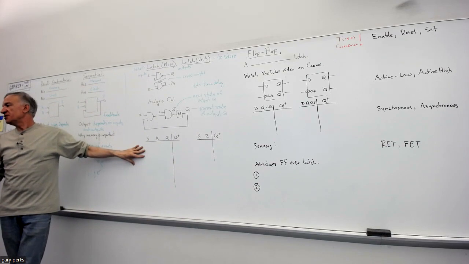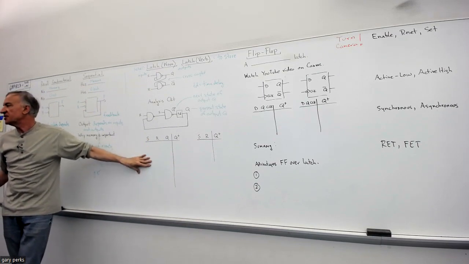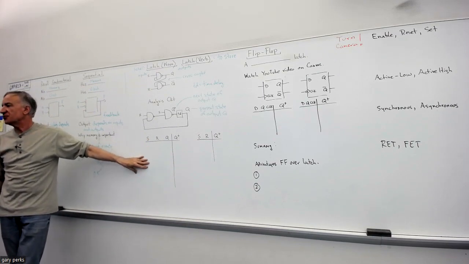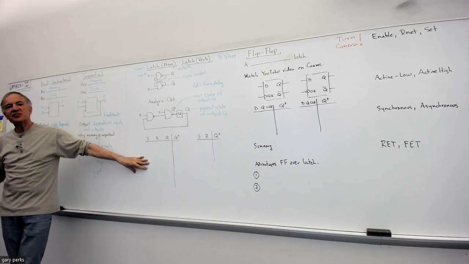Getting back to this truth table, since I have three inputs, where each input is a bit, how many unique combinations of zeros and ones can I have? How many rows in this truth table? 2 to the 3. If you want to know how many unique combinations of zeros and ones you can have from a certain number of bits, it's always 2 to the number of bits.